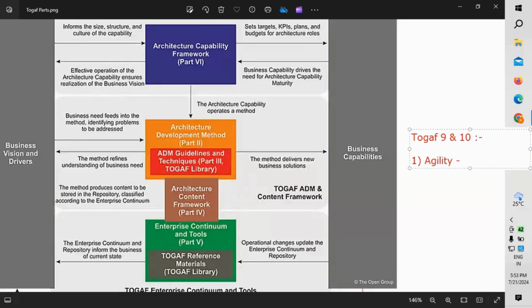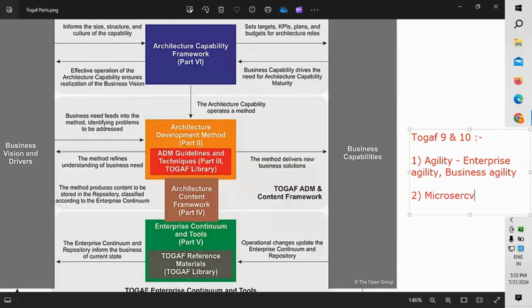This agility can be an enterprise agility, or it can be a business agility. Right. Point number one. Point number two, the major change you see from TOGAF 9 to 10.